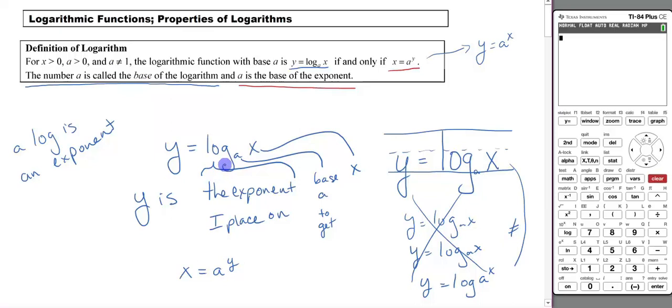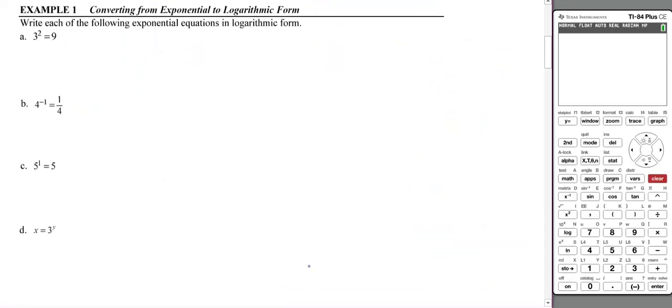Base a is there, and that gets us the argument of the log, x. So a lot of what we do in logarithms is to be able to convert back and forth between these two forms. Let's go ahead and practice that now.